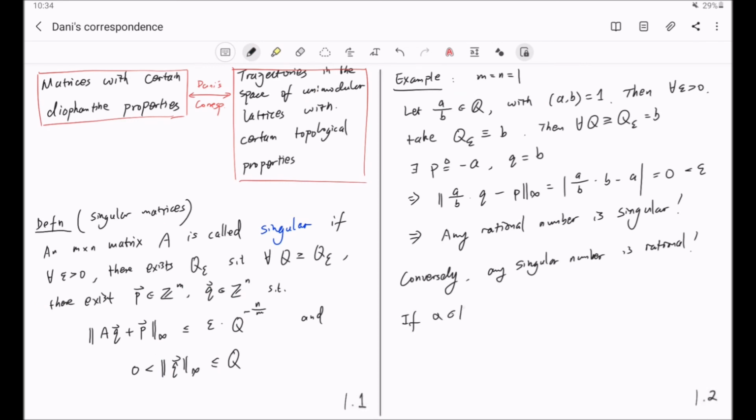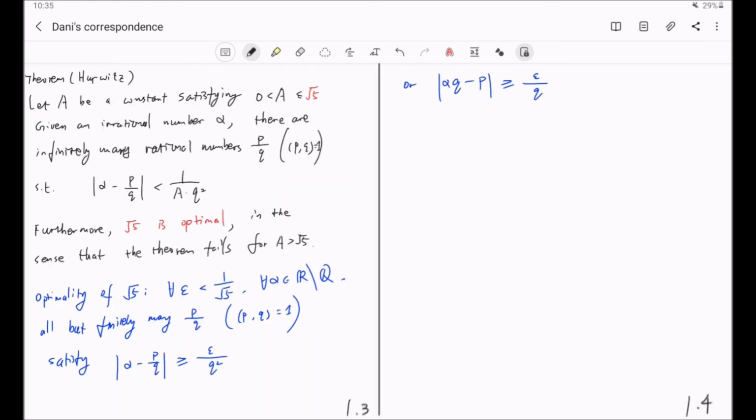So if alpha is not rational, namely irrational, then alpha is not singular, by taking epsilon less than 1 over square root of 5. Let us do it more formally.